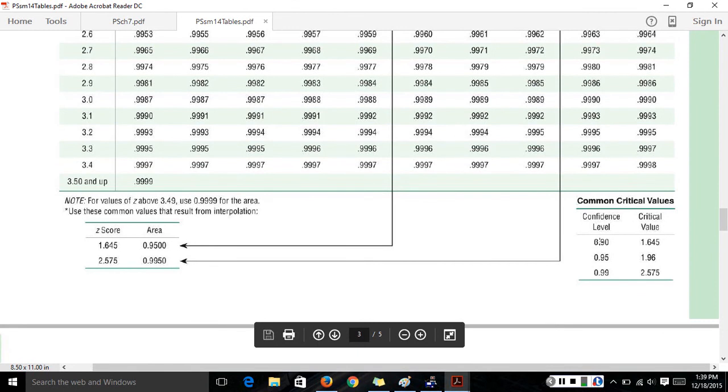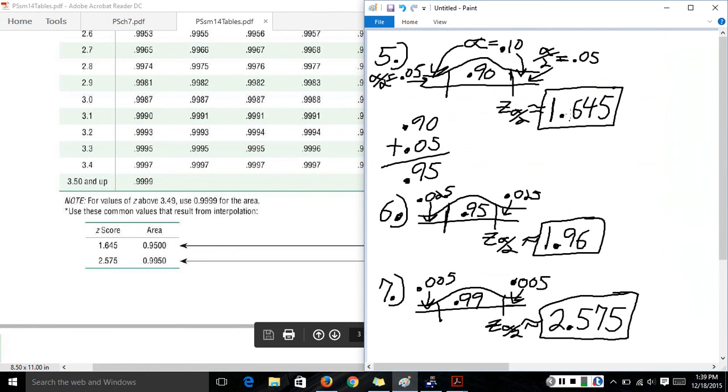Confidence level 0.90, 0.95, 0.99, critical value 1.645, 1.96, 2.575. Yeah, if I go back to the problems I just worked, 90% in the middle gives me a critical value of 1.645, 95% in the middle gives me a critical value of 1.96, 99% in the middle gives me a critical value of 2.575. So these are those 3 most common critical values that you'll come across.